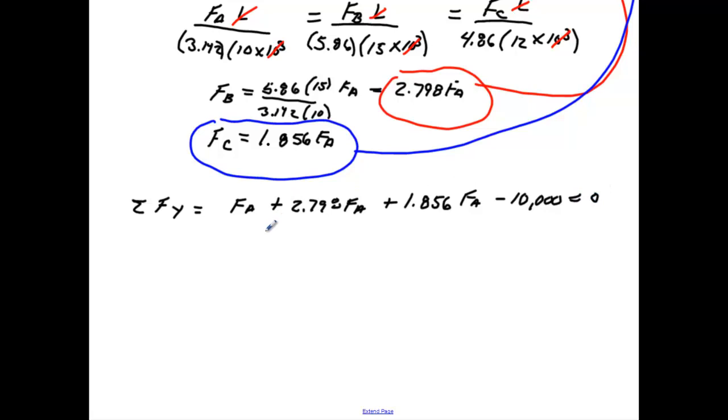When you do that, you will find that FA equals 1769 pounds. Once you have that value, just put it right back in to find FB, and take that value and put it back in to find FC.